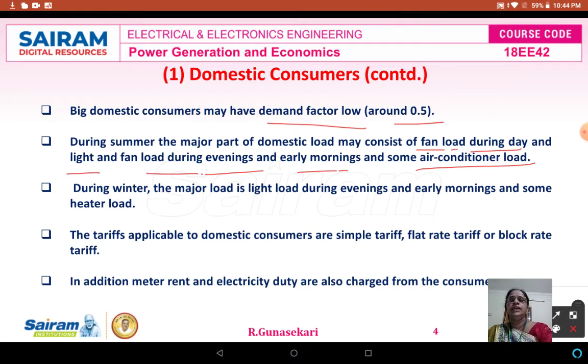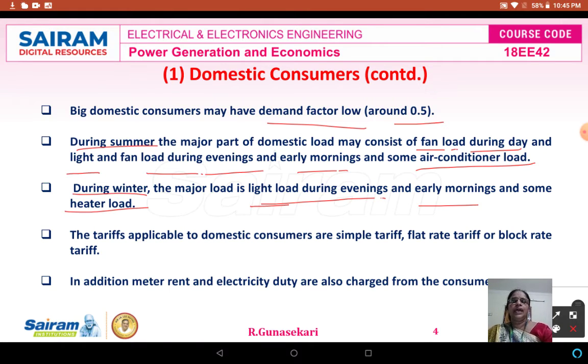This is during summer. During winter, the major load is light load, because it is cold, so the light load during evenings and early mornings, and some heater load only.